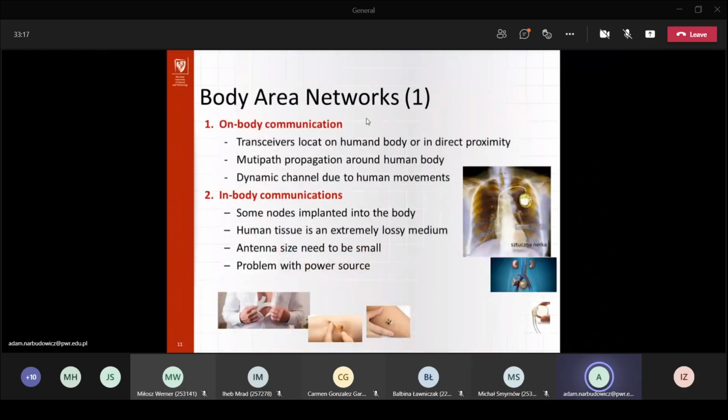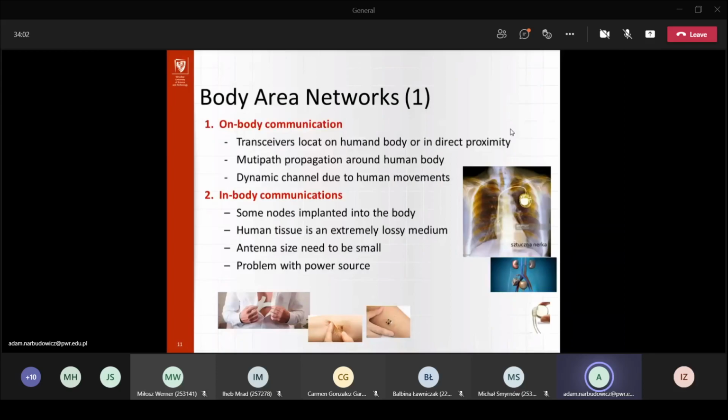So typically we can talk about three different types of body area networks: on-body communication, in-body communication, and also off-body communication. So on-body communication, the most common case would be your smartwatch communicating with a mobile phone that you have in your pocket. In this case, the communication is in close proximity of the body, but still most of the communication is done in free space, so through the air.